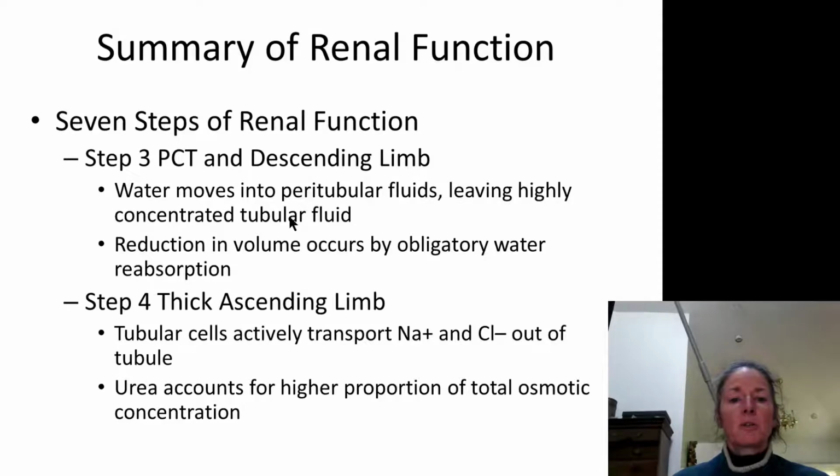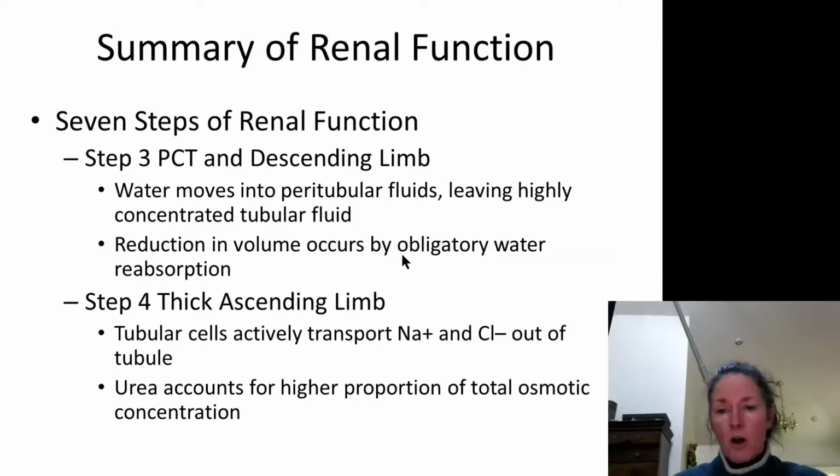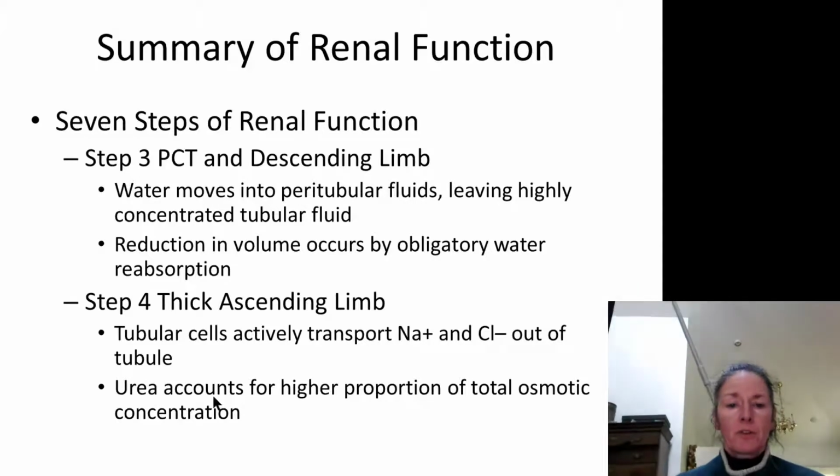That's going to make the filtrate very, very concentrated. So remember, the tubular fluid is the filtrate, and the peritubular fluid is the stuff in the interstitial space that will eventually get picked up by the vasa recta. All right, so this is going to reduce the volume by water loss, i.e., the water will be lost out of the filtrate by osmosis and be resorbed back into the interstitial fluids.